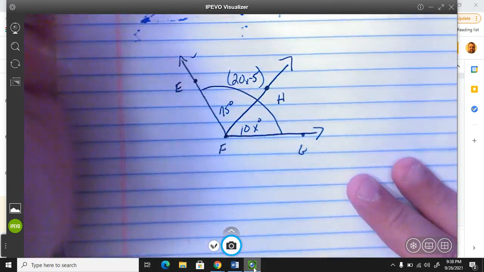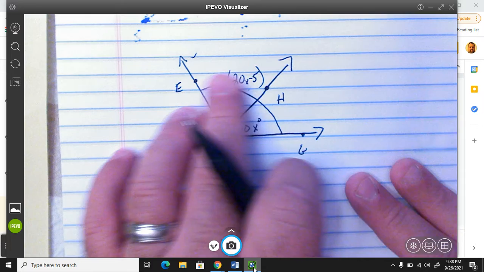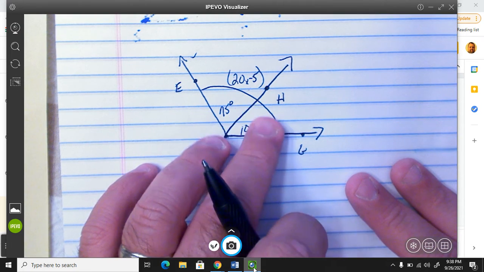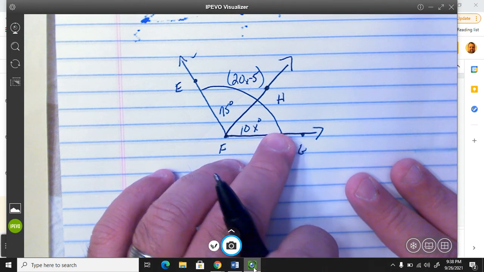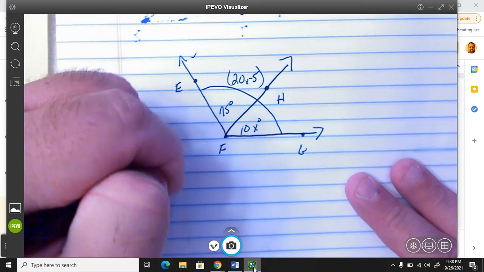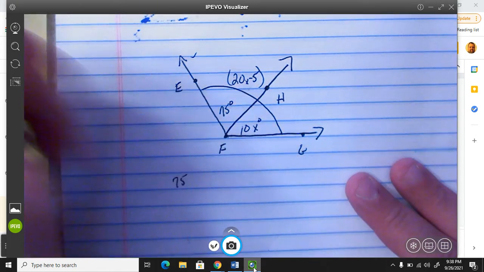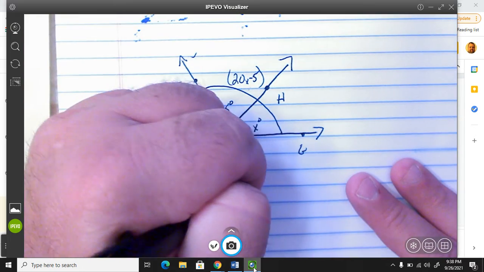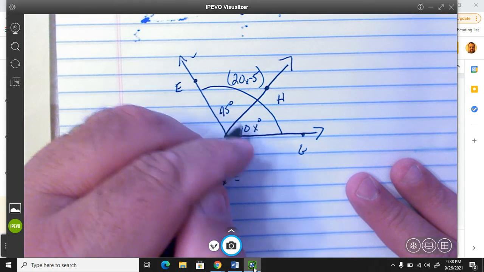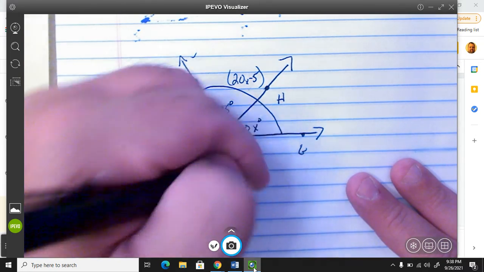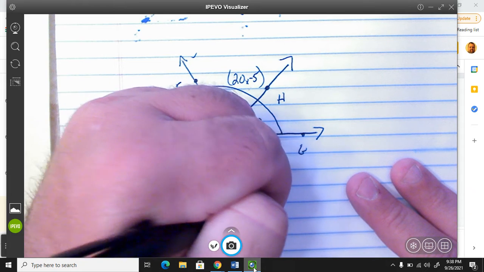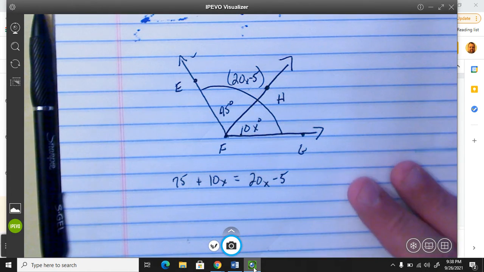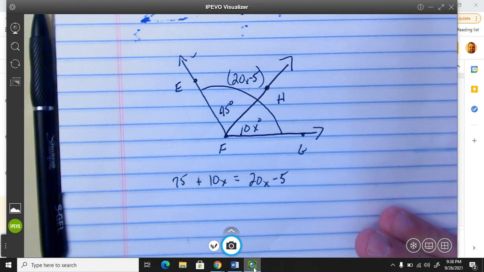So it's the same process: if I take this smaller angle plus this angle, it equals the whole angle. So I'm going to do 75 plus 10x. So this small one plus this small one equals the bigger one, 20x minus 5.